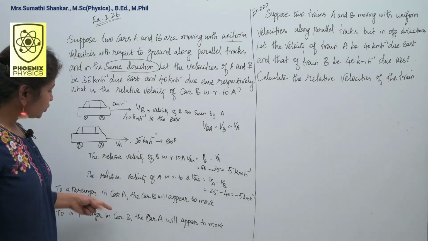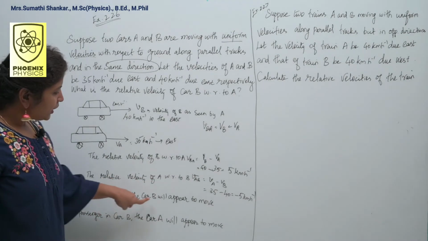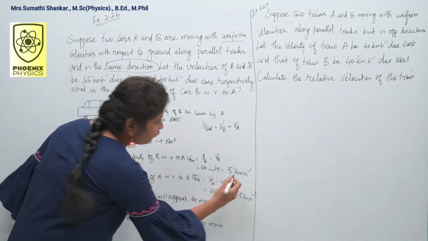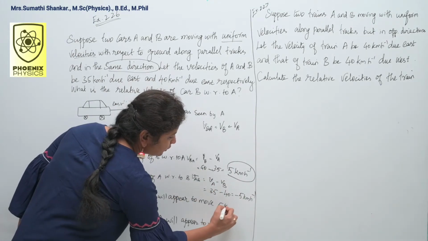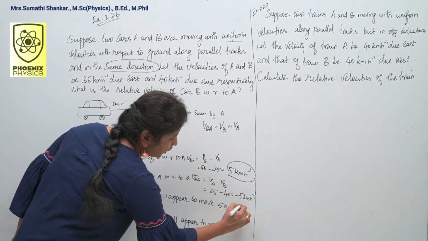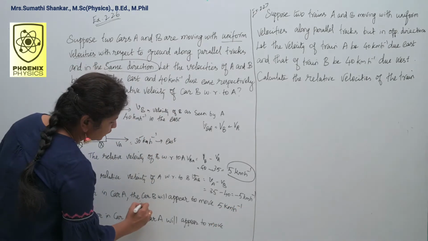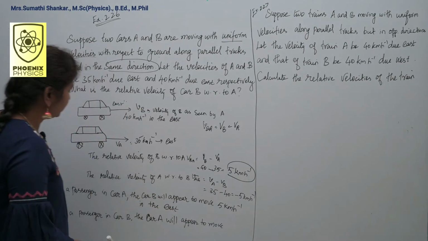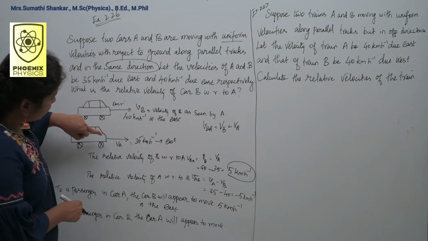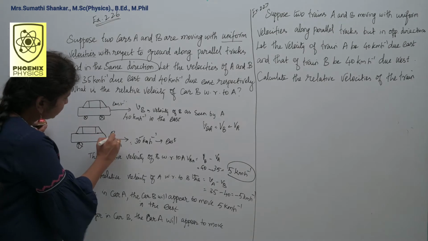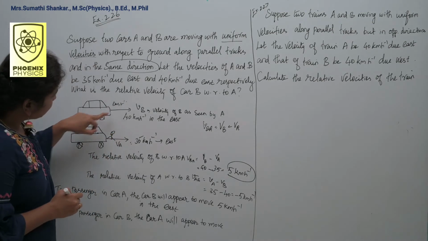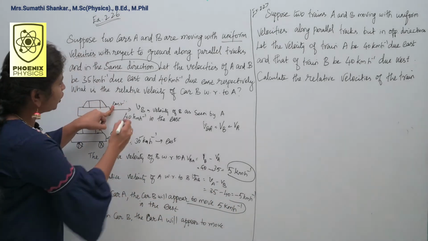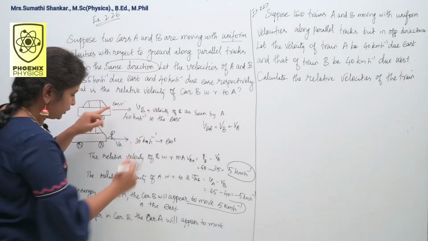To a passenger in car A, the car B will appear to move 5 km per hour in the east direction. That is, for this passenger, the car B will appear to move 5 km per hour in the east direction.